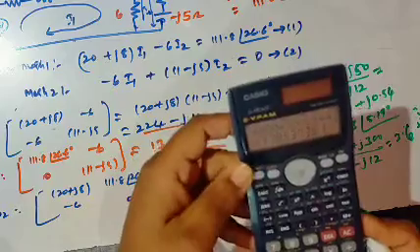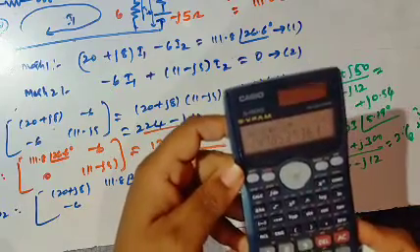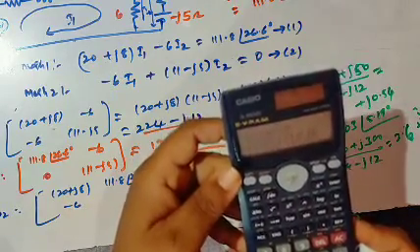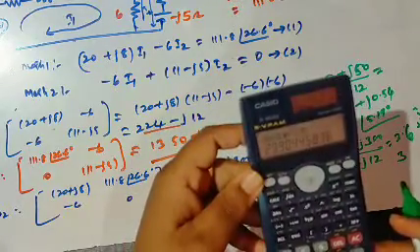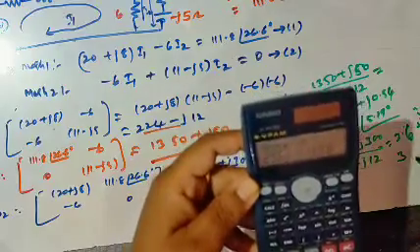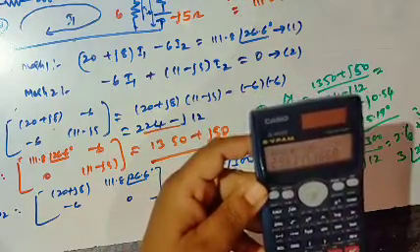If you want to convert into polar, press shift and the angle button. It shows 2.99, which is nothing but 3, and again pressing shift and equal symbol gives 29.7 degree.